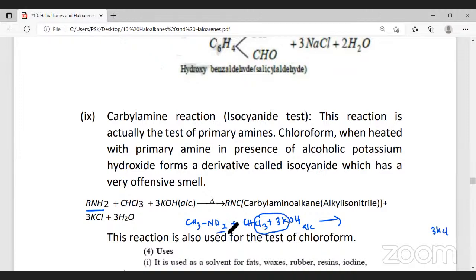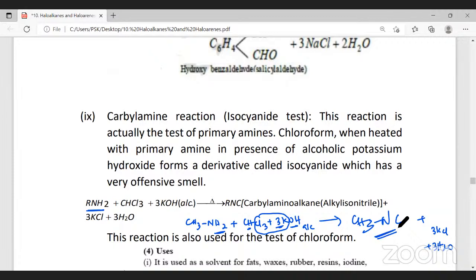And you can see 2 hydrogens, a third hydrogen, and you have 3 OH groups here. These 3 OH groups and these 3 hydrogens get eliminated as 3H2O. And what is left now? You have CH3, you have N, and you have this carbon. So it's called methyl isocyanide.